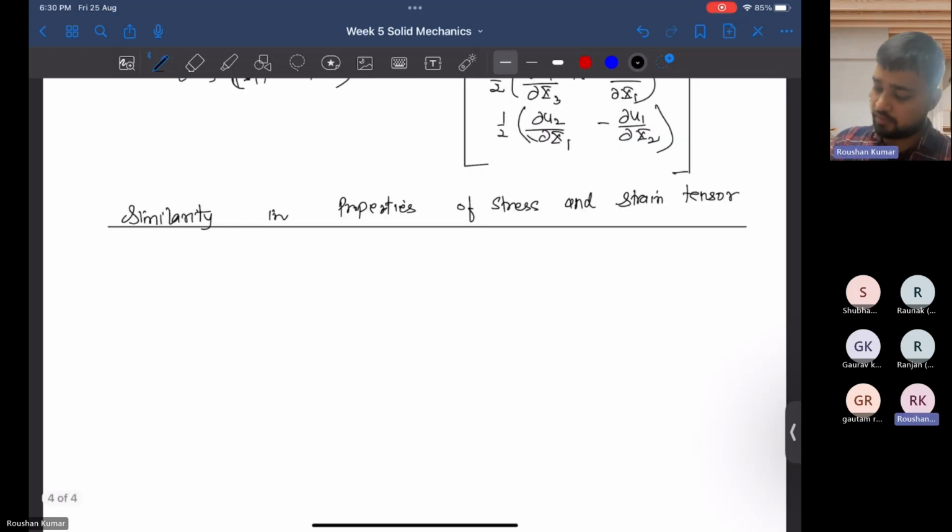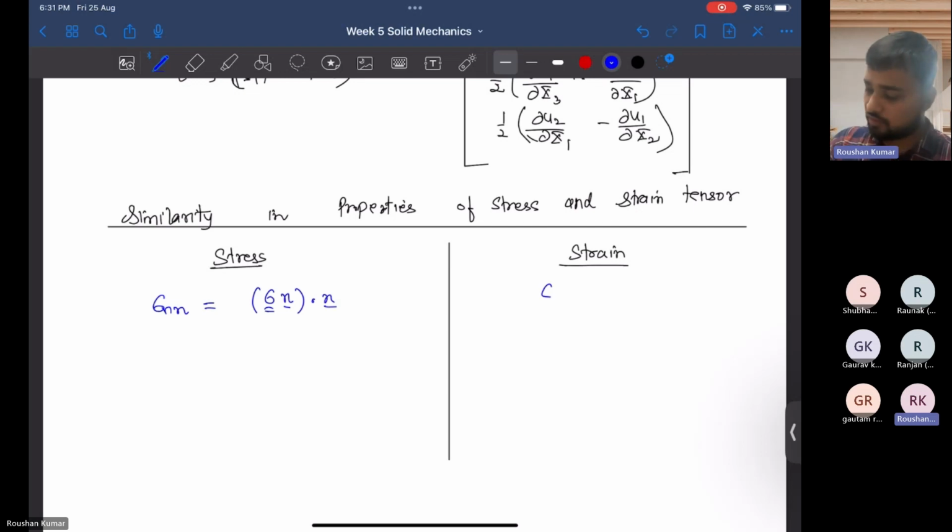So on this side I write the stress property, and here I write the strain property. In stress we have normal stress or traction, given by sigma n dot n, and in analogy to this we can find the normal strain, given by epsilon, the infinitesimal strain tensor, epsilon n dot n.